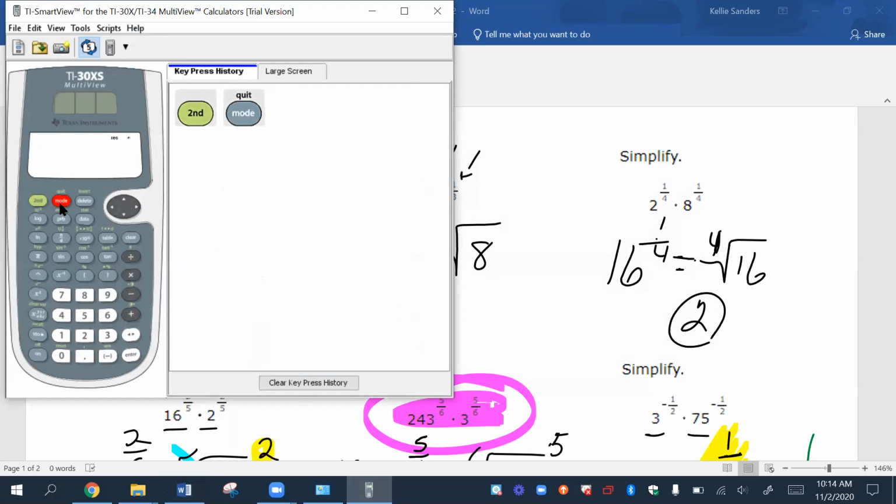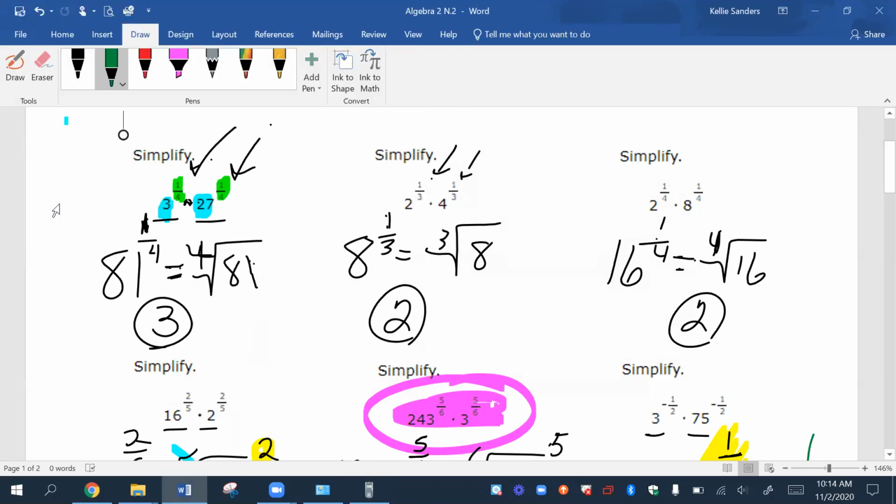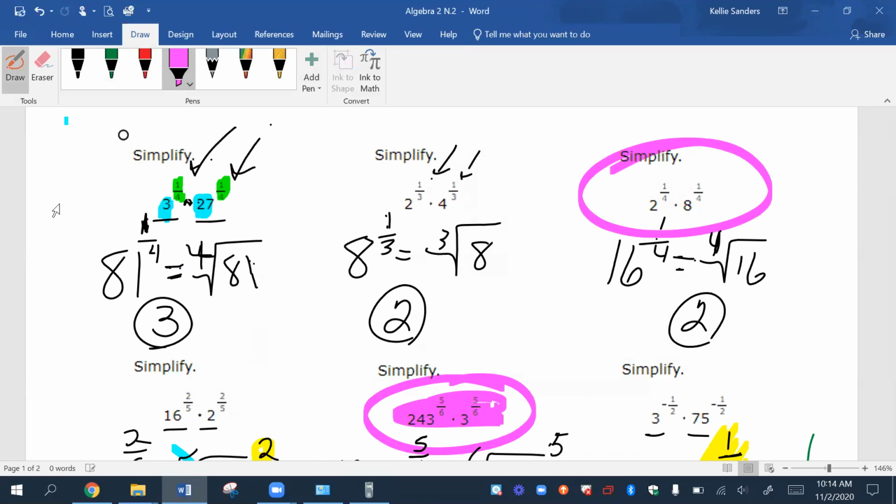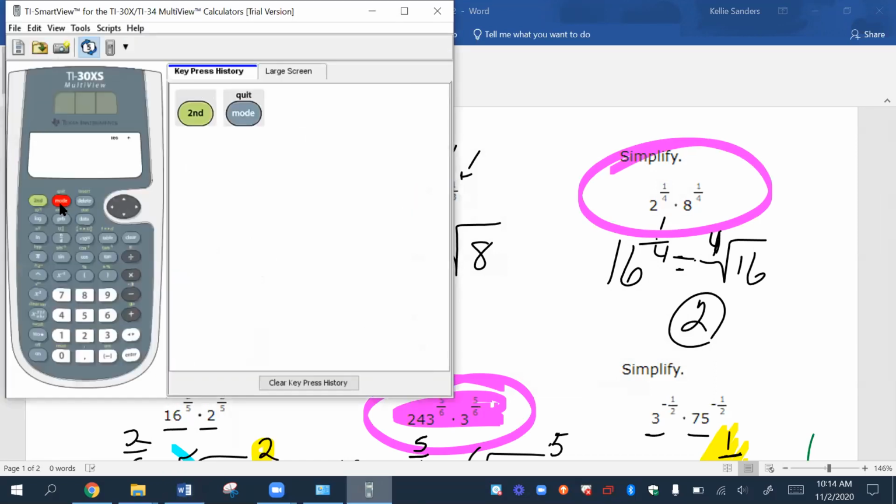So let's say that we are doing this problem. So 2 exponent fraction 1 over 4.